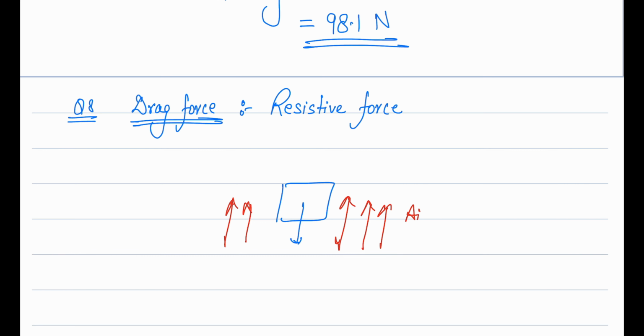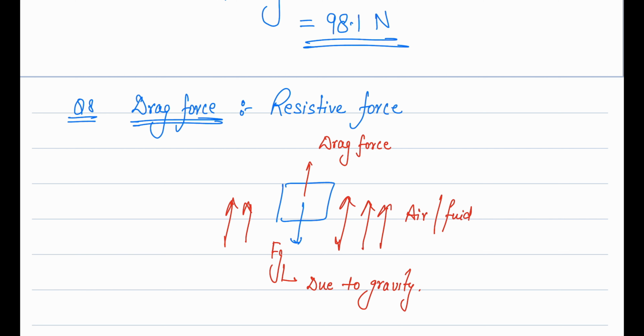This is because of air, or you can say fluid. So one force is going up, which is called drag force. And the body is going down due to Fg, due to gravity.